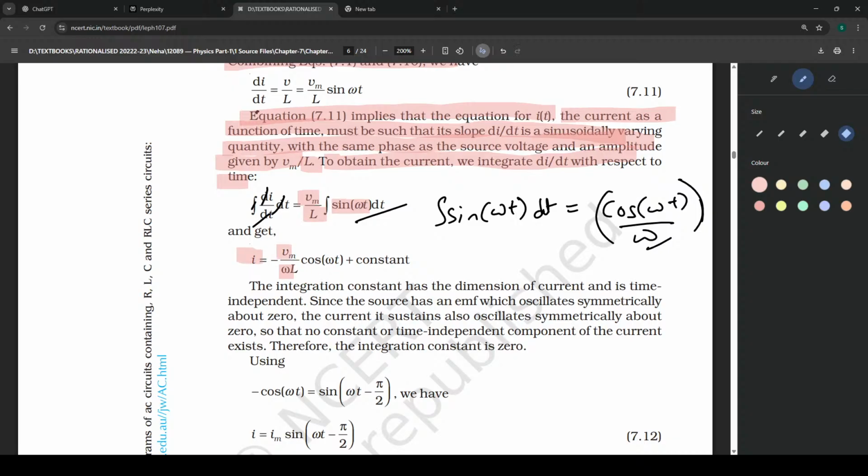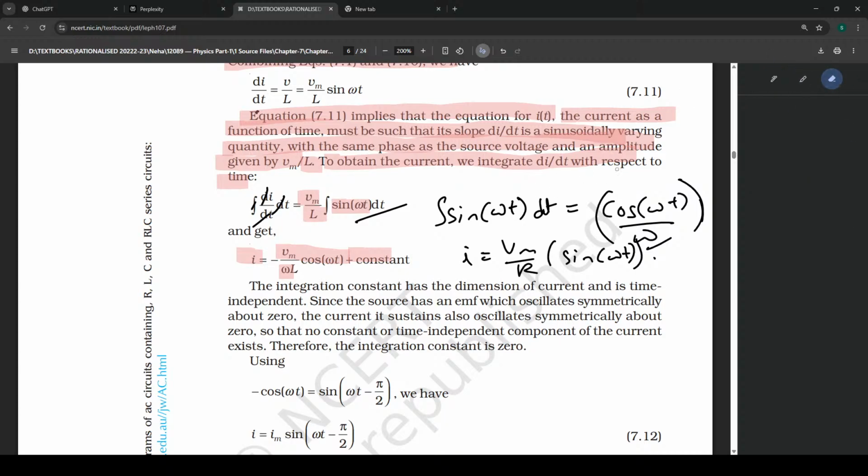And if we compare this equation with i, which is equals to Im sine omega t, prior to that, let's not compare yet.